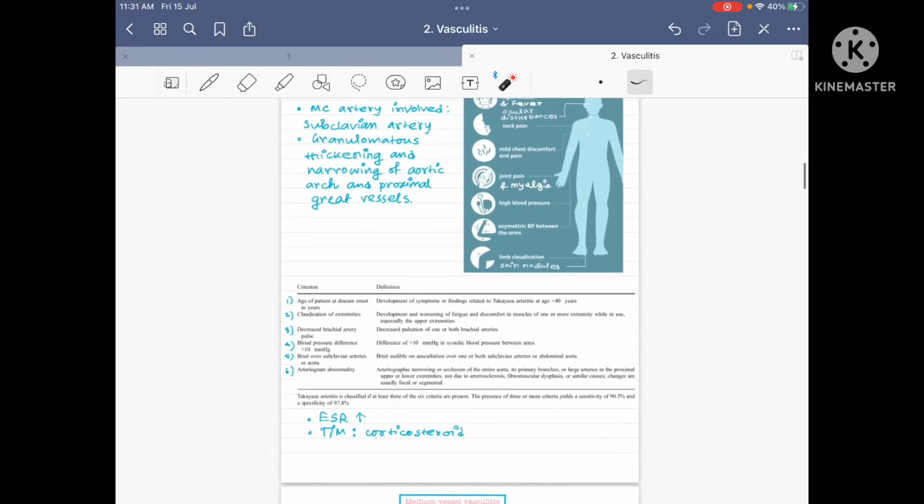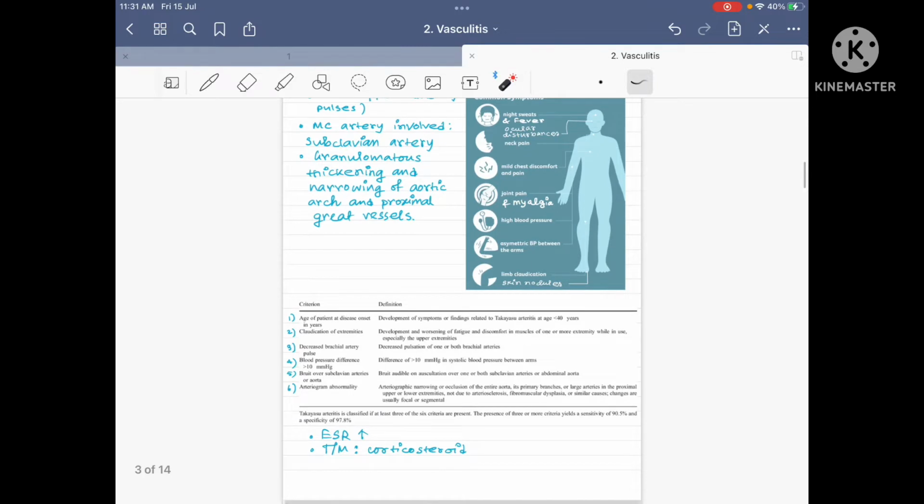Among the criteria you should remember the 6 points. Just remember the criteria, not the definition. The first criterion is that the age of the patient at disease onset should be less than 40 years. Claudication of extremity, decreased brachial artery pulse, a difference in pressure of more than 10 mm Hg, bruit over the subclavian artery or aorta, and aortogram abnormality such as narrowing or occlusion. ESR will obviously be increased, and there is corticosteroid treatment.